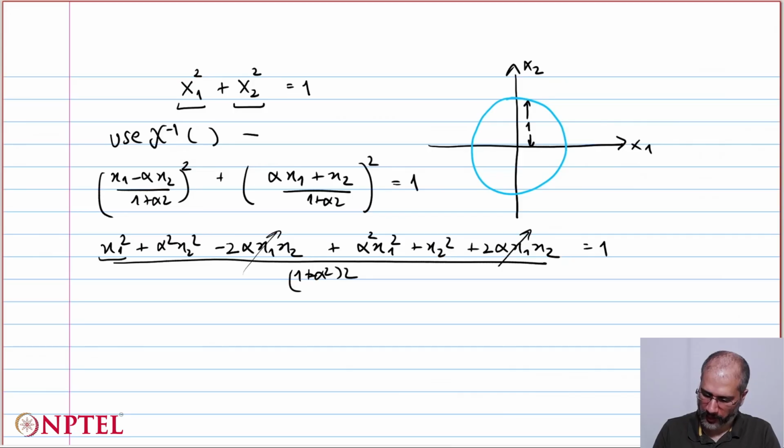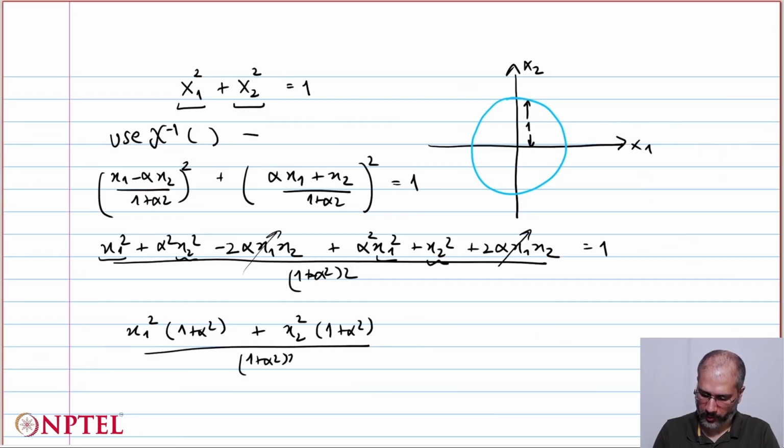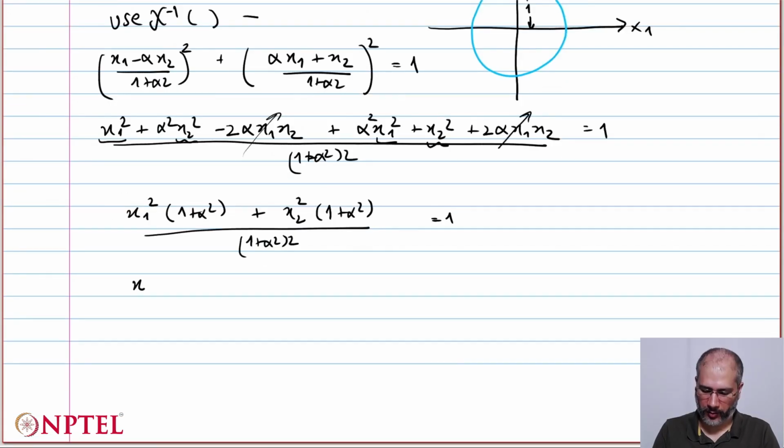And I can combine the x1 terms and x2 terms together, which gives us x1 squared times (1 plus alpha squared) plus x2 squared times (1 plus alpha squared) upon (1 plus alpha squared) whole squared, that's equal to 1. So this simplifies to x1 squared plus x2 squared equals 1 plus alpha squared.